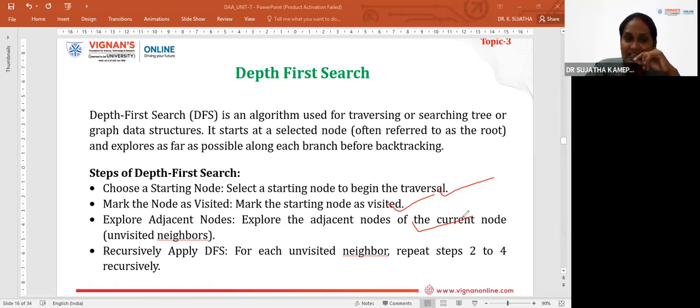We then apply this DFS procedure recursively, that is, we repeat steps 2 to 4 recursively to entirely search the tree.